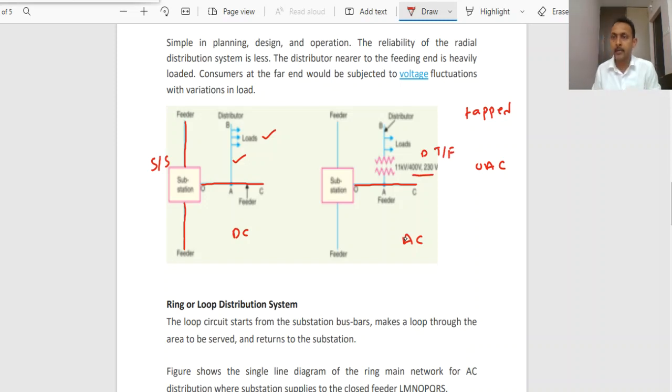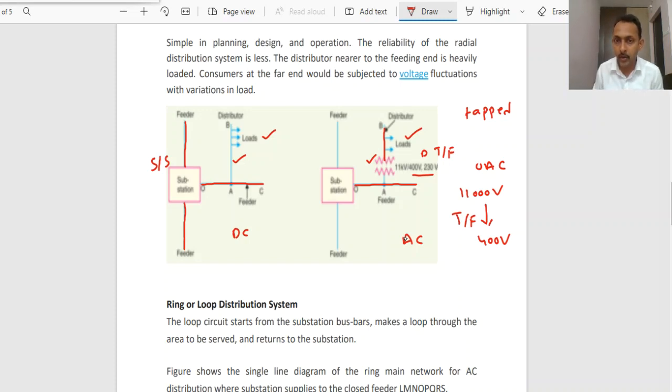This is important. The 11 kV, or 11,000 volts, will be stepped down to 400 volts with the help of a transformer. This is the symbol for the transformer. Now on the secondary of the transformer we will extract the distributor. This wire is called the distributor. On the distributor we will apply the loads.